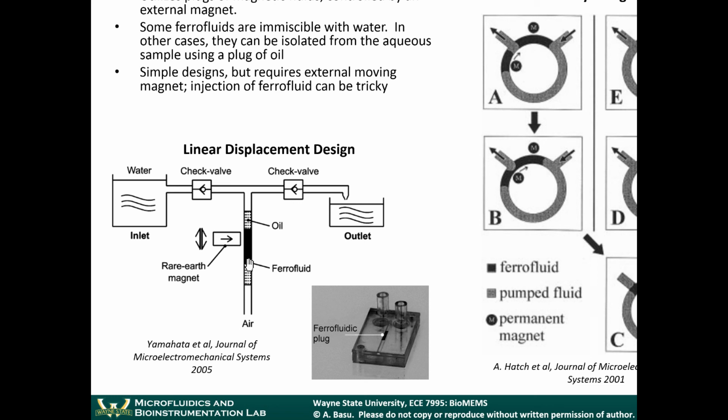Because in small microchannels, this wouldn't work at a larger scale, right? But in small microchannels, surface tension effects and the immiscibility of the water and the oil are such that this oil won't get dispersed into the water. This plug will stay together. That's what allows you to use this as sort of a mechanical piston, basically.